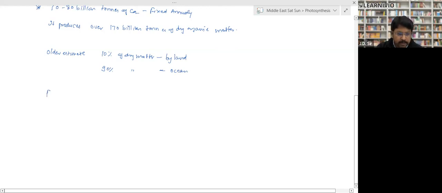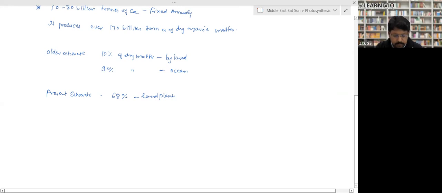The present estimate puts productivity of land plant at 68% of total. One last point.